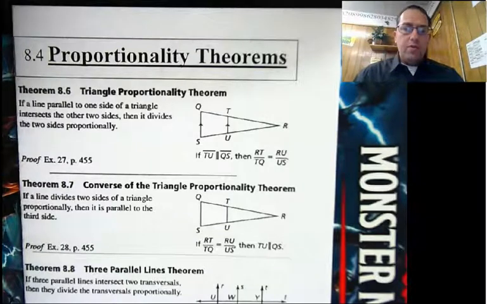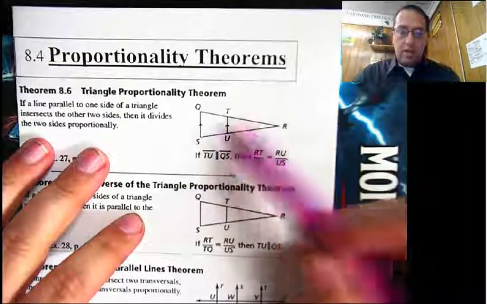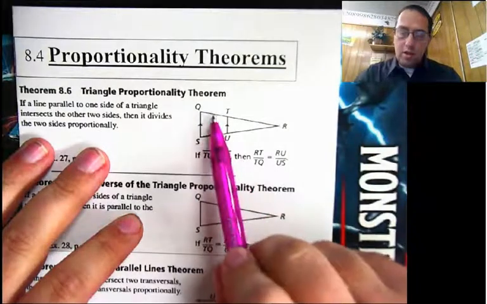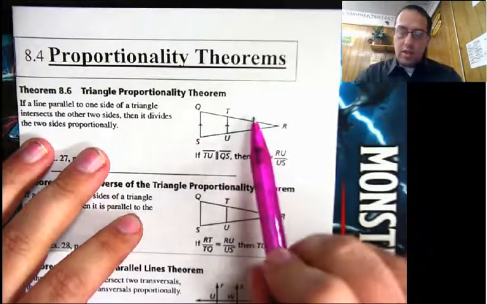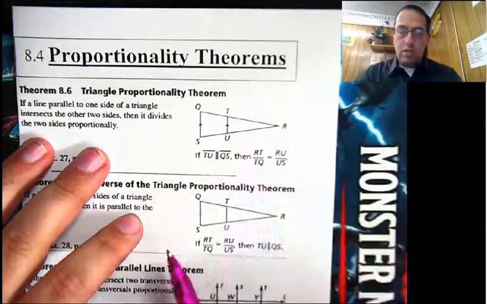Our first one, the triangle proportionality theorem, says that if a line is parallel to one side of a triangle and it intersects the other two sides, then it will divide those two sides proportionally. On this one, since TU is parallel to QS and it does intersect the other two sides of the triangle, then QT and TR will be proportional to SU and UR.